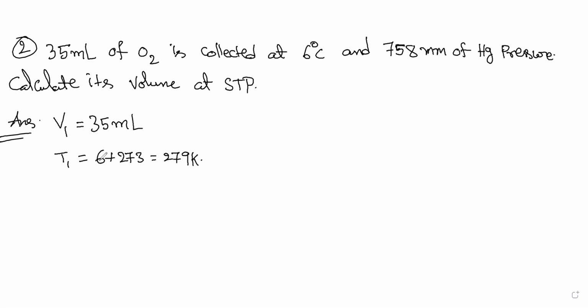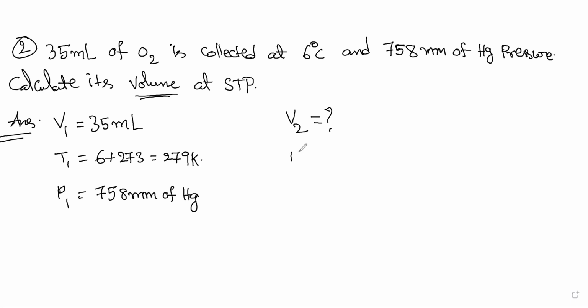Now that is V1, T1. And what is P1? That is 758 mm of Hg. This is the first one. Next, V2. What will be the volume at STP? V2 we have to find.